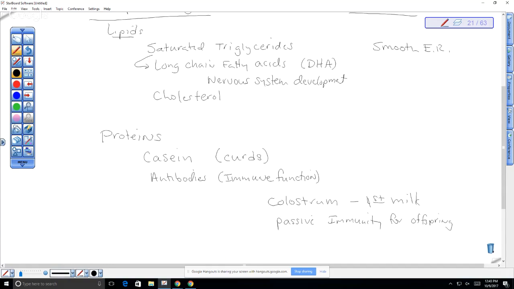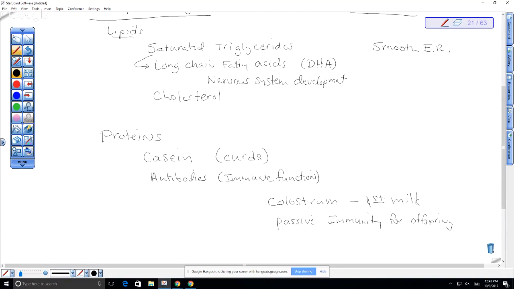Those would be antibodies. The immunoprotective factors, like IgA, would be an example of an antibody. So that's why they recommend that women breastfeed for at least like 6 months, because it helps keep the baby from getting sick. And if you just give formula, then the baby won't get that passive immunity.